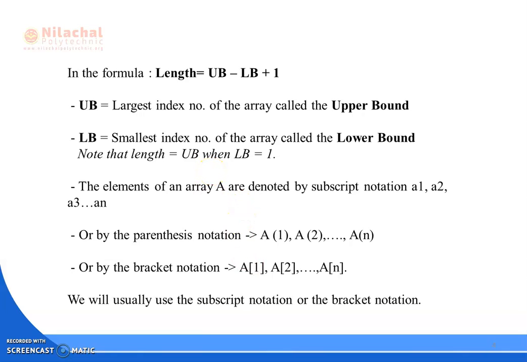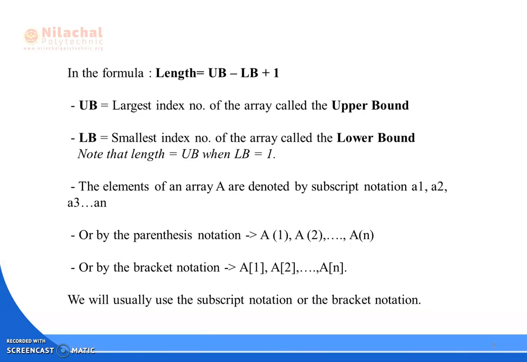We have to note one thing, that the length of the array is equal to the upper bound when the lower bound is equal to 1. That is, if the first element or the first index number is 1, then the upper bound is equal to the length of the array.